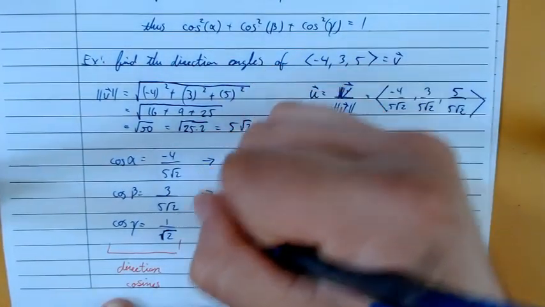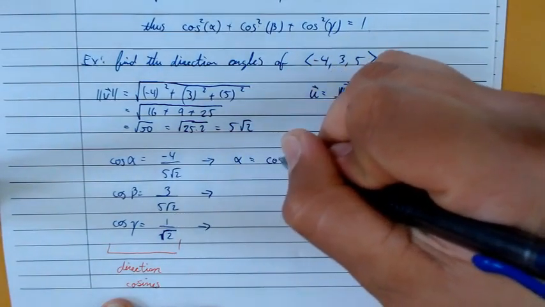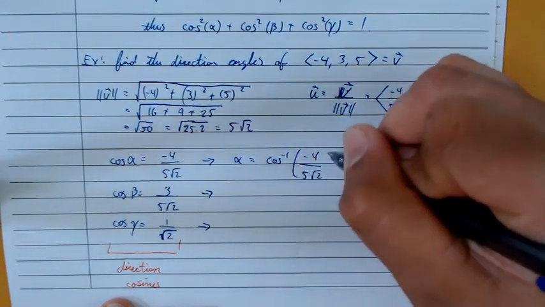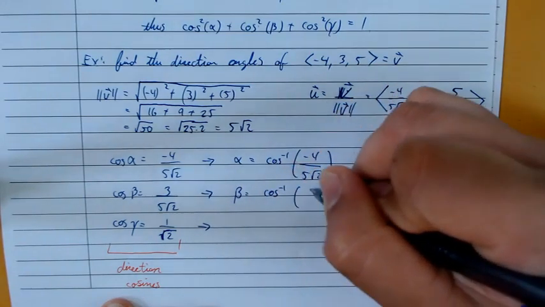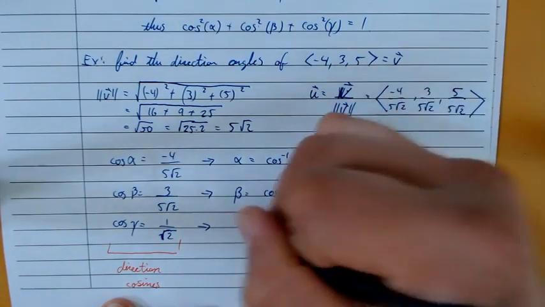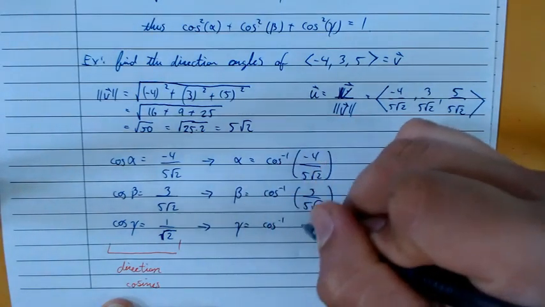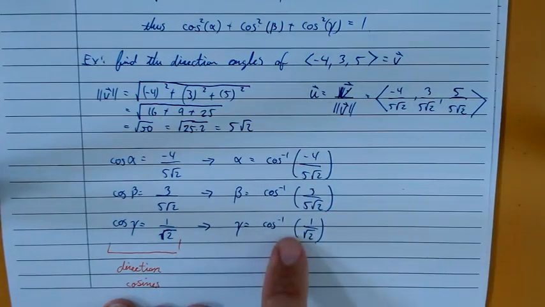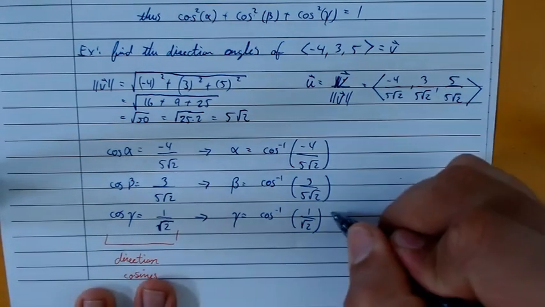Here, to find the direction angles, you simply take the arc cosine of both sides, or the inverse cosine if you prefer that language. They mean the same thing. Well, that one is one that we know off the top of our heads, right? Think back to trigonometry. That's pi over 4.